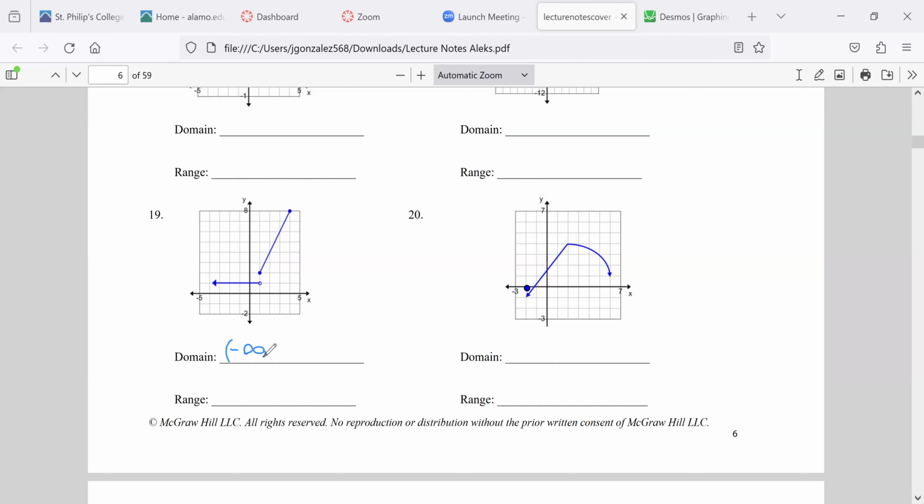Negative infinity. And the highest x it ever hits is a solid point, it doesn't imply an arrow. So it's bracketed because it's landed right on.